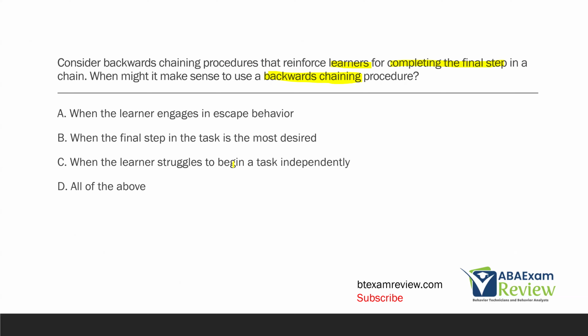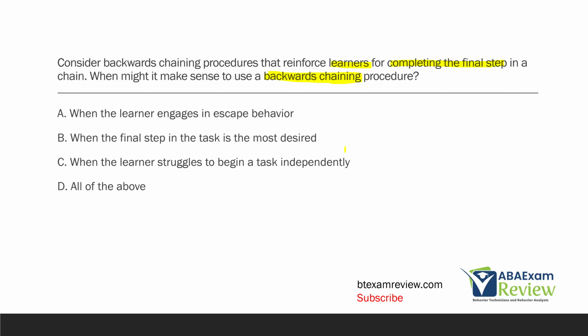A, when the learner engages in escape behavior. If the learner is prone to escape, this way we're going to help them through the whole task, and then their reinforcement is escape because they complete the final step and they're done with the task. So this is a good way to combat that escape behavior. B, when the final step in the task is the most desired. Sure, let's say we're making a meal, right? And when you're making a meal, a lot of times the best part is eating that meal.